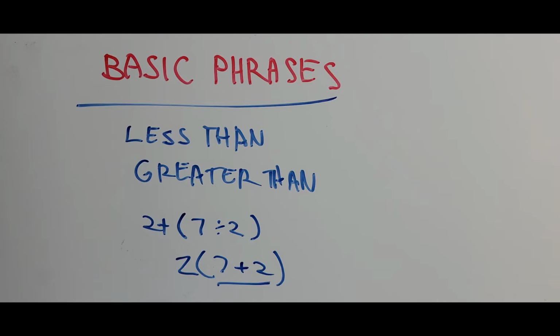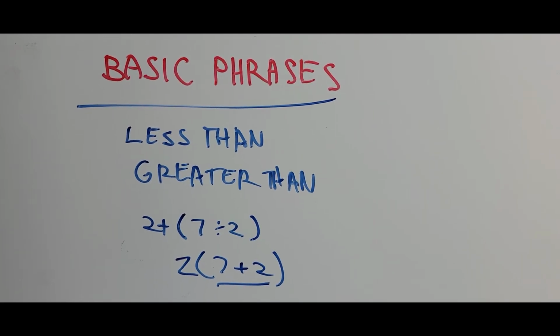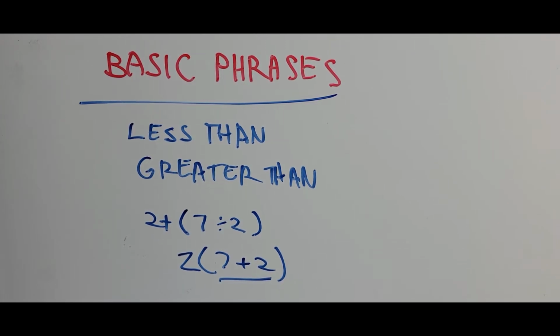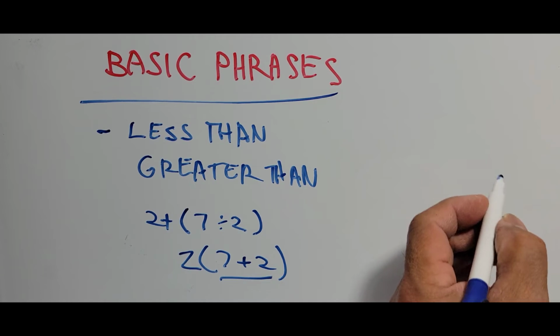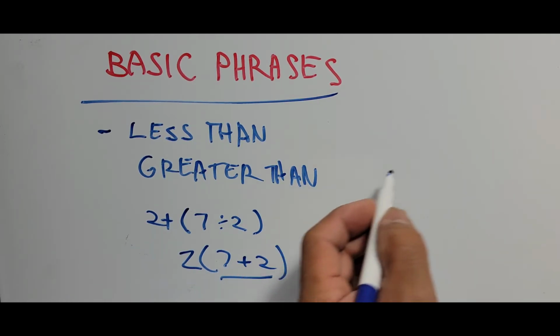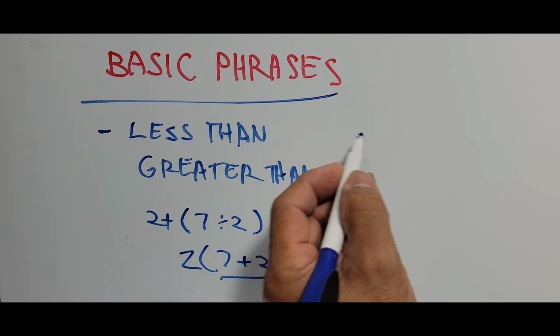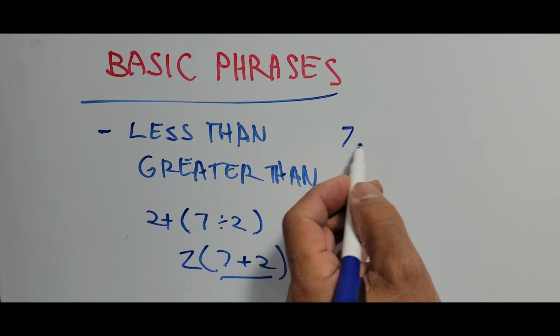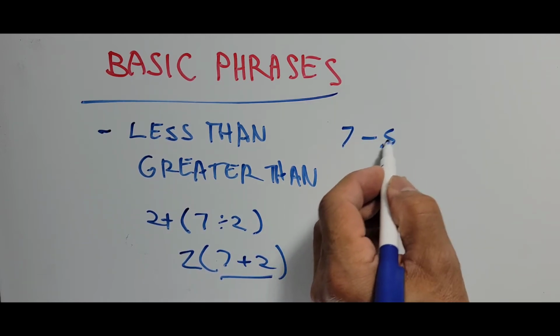Different ways to express that kind of mathematical operation. Let's say on this phrase right here, less than, let's say 5 less than 7. How would you write that one right there? 5 less than 7. So that's 7 minus 5.